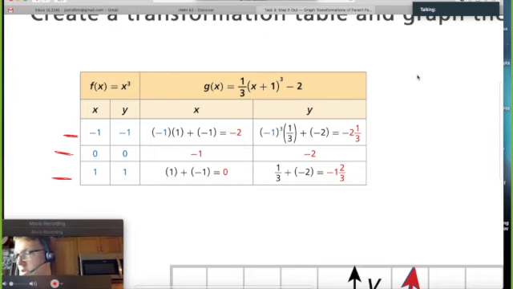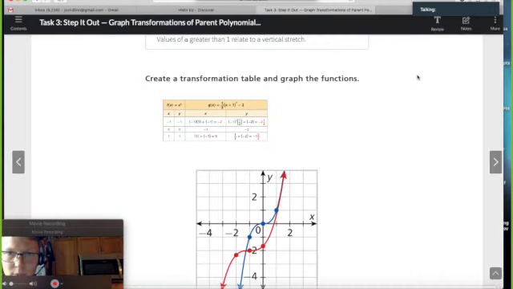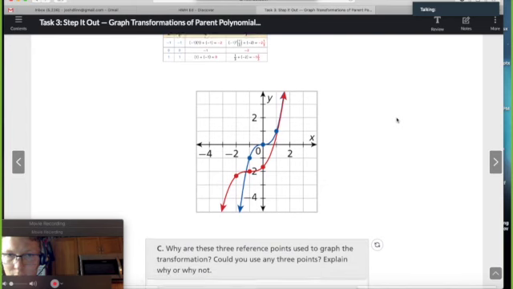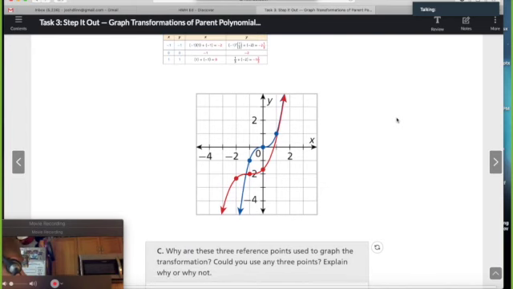And then you're going to use our g of x function, and you can algebraically solve, or in this case, since we have the a, b, h, and k values, you just plug them in, and then you get some points that you can graph. So in this case, our blue is our parent function, and you'll see the 3 points that they picked.